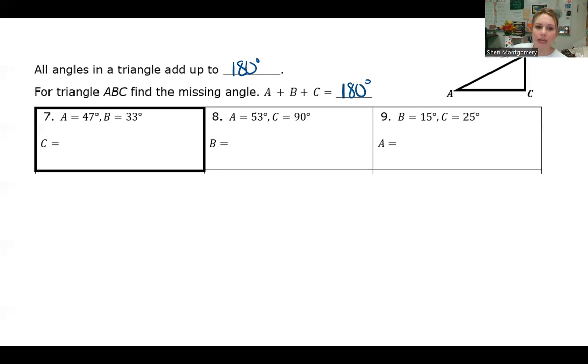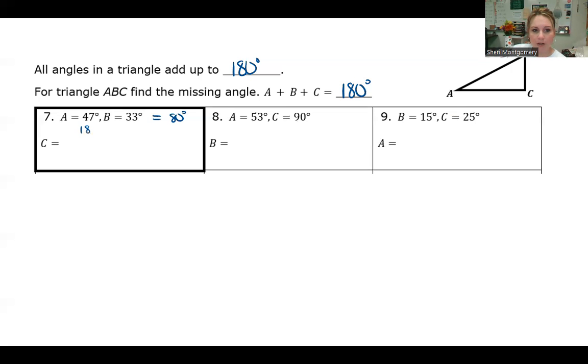If we know 2 of the angles, then couldn't we just add them up and subtract from 180? Yeah, so what if we add these up? What would we get? 47 and 33. That's 80. So it's 80. Uh-huh.